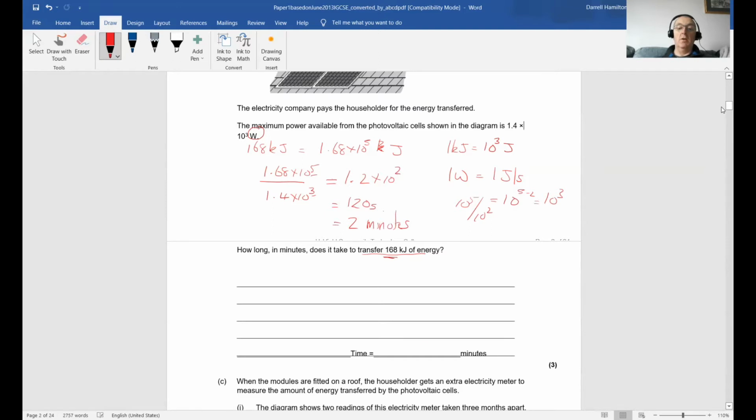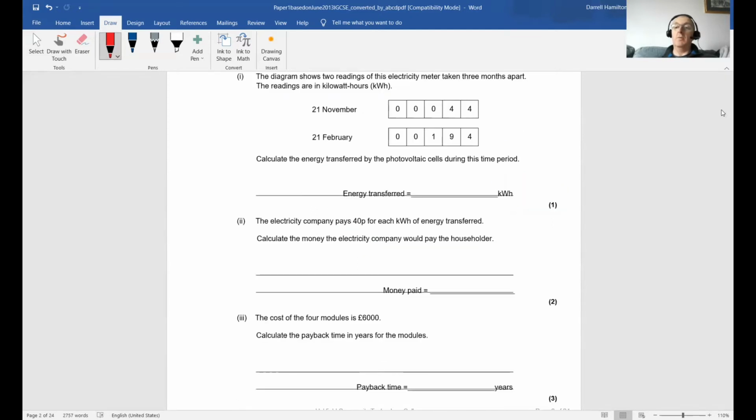So the answer here is 2 minutes. So there's a mark for realizing that 168 kilojoules is 168,000 joules. There's a mark for doing your calculation and getting 120 seconds. And there's a mark for converting that to minutes. So there's your 3 marks.